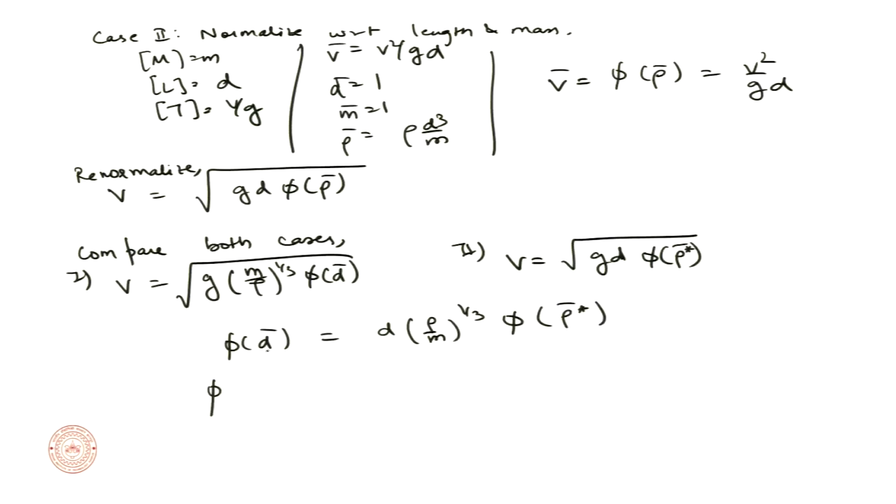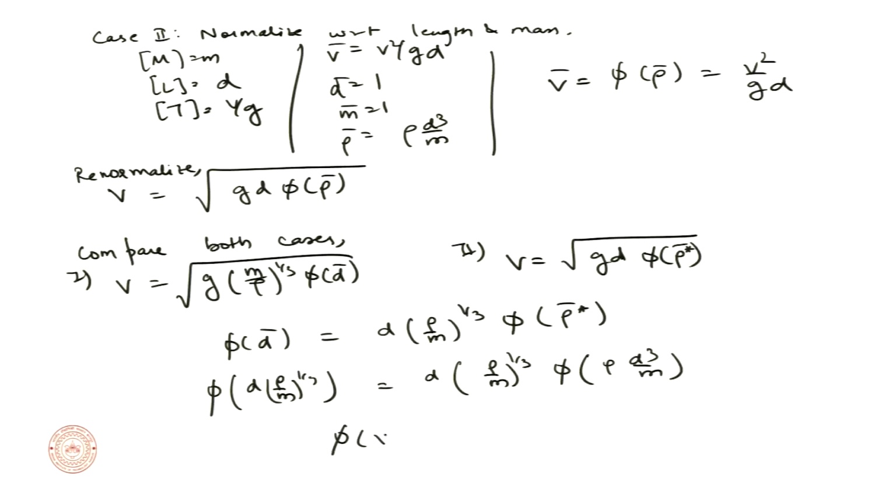Okay. If we substitute d bar from the last case, d bar was d into rho by m to the power of 1 by 3, and this rho bar we have found is rho into d cube over m. Okay. So, if we take this as a variable, then this is phi of some variable x bar, x bar equals capital X bar, phi of x bar cube.